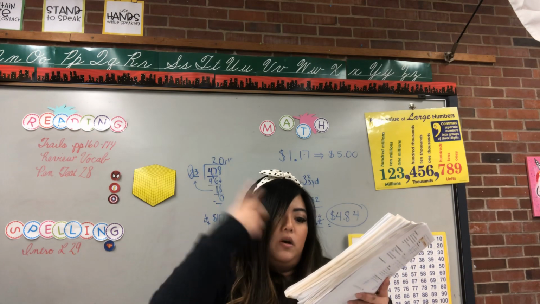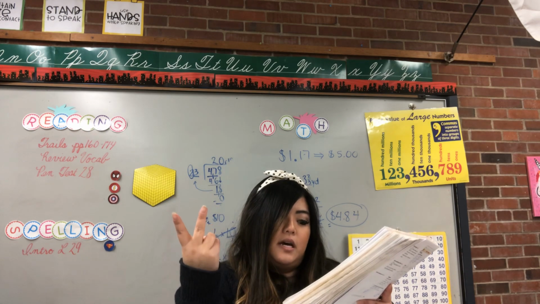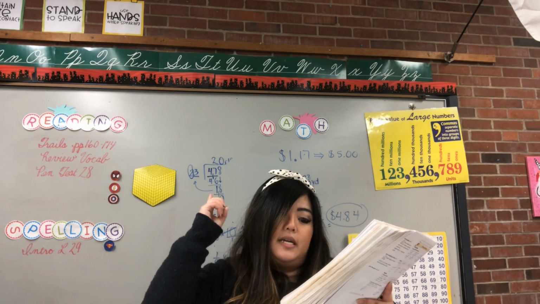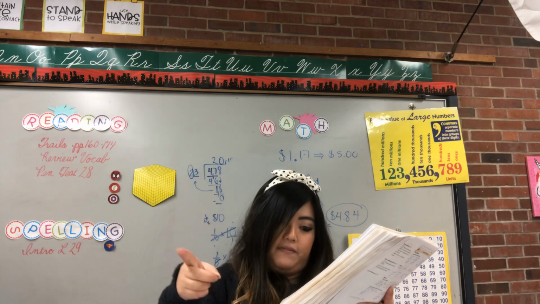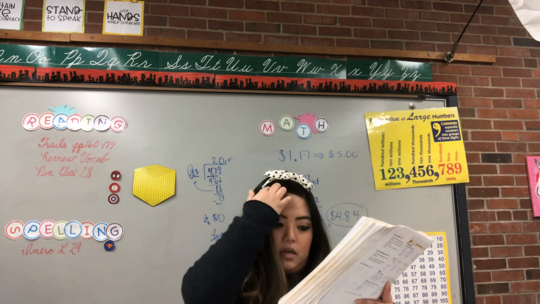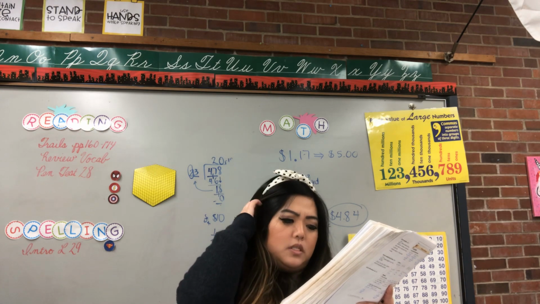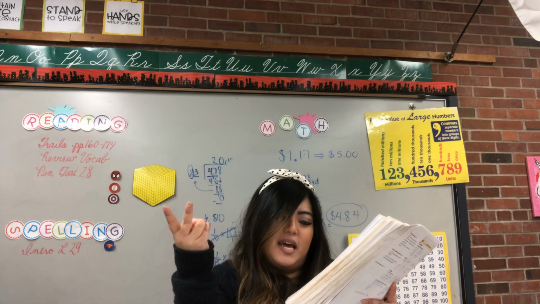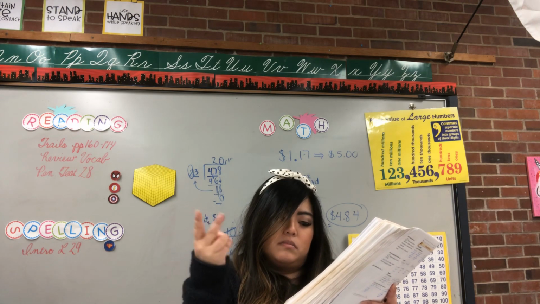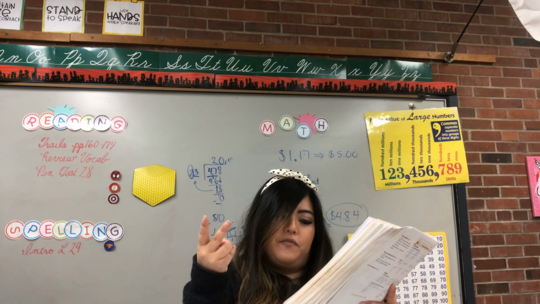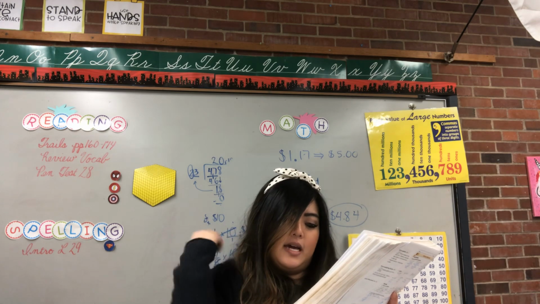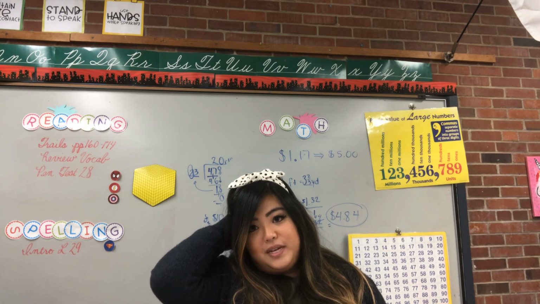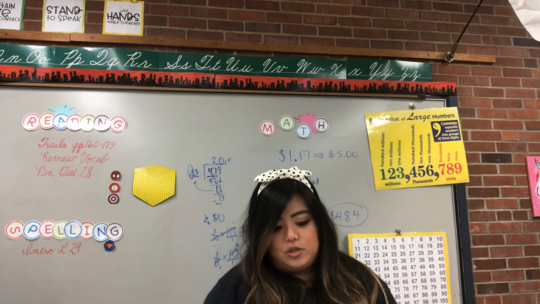Then the nickel, $1.25. The 2 quarters, $1.50, $1.75, and then the 3 bills. That would only get us to $4.75. Did he receive the correct change? No, he didn't. He forgot to give him an extra quarter.